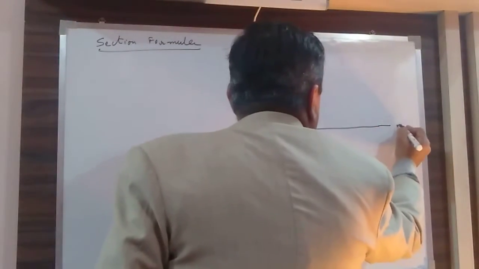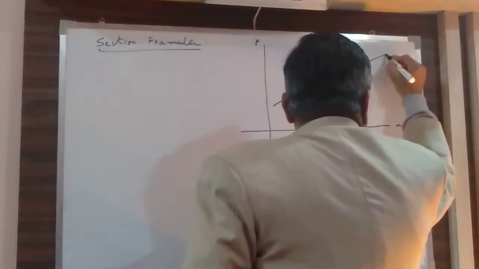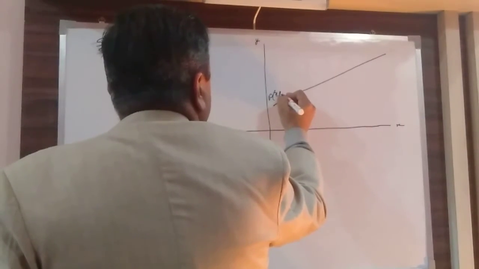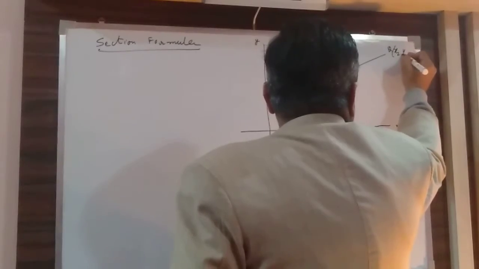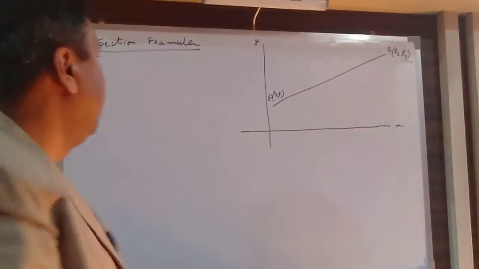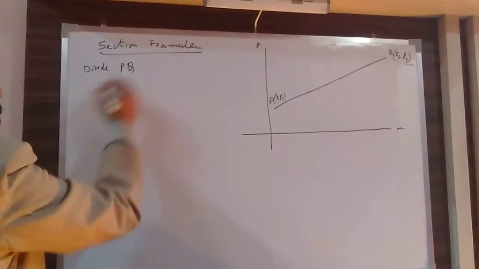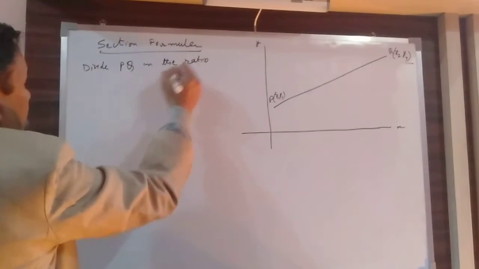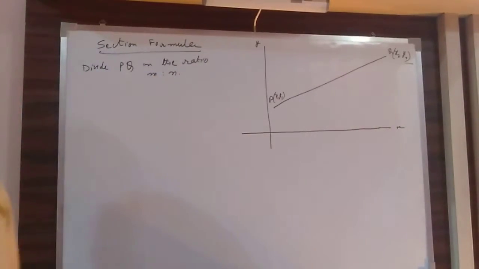Okay, this is the x-axis, this is the y-axis. If this is a line, P has coordinates x1, y1, and Q has coordinates x2, y2. Okay, I have to divide PQ in the ratio m is to n.